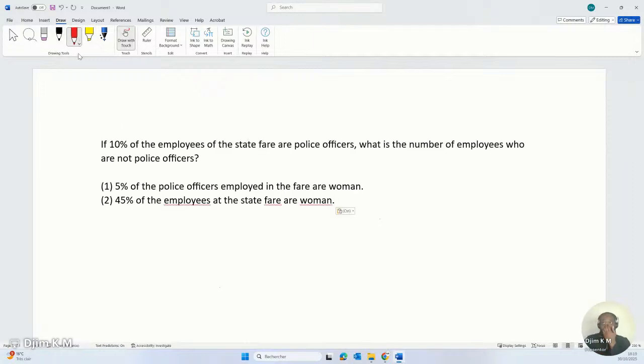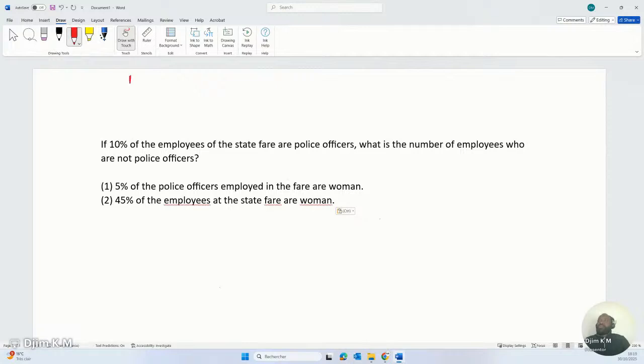Okay, so the question says, if 10% of the employees of the state fair are police officers, what is the number of employees who are not police officers? So we have some values that we need to identify here. 10% of the employees of the state fair are police.